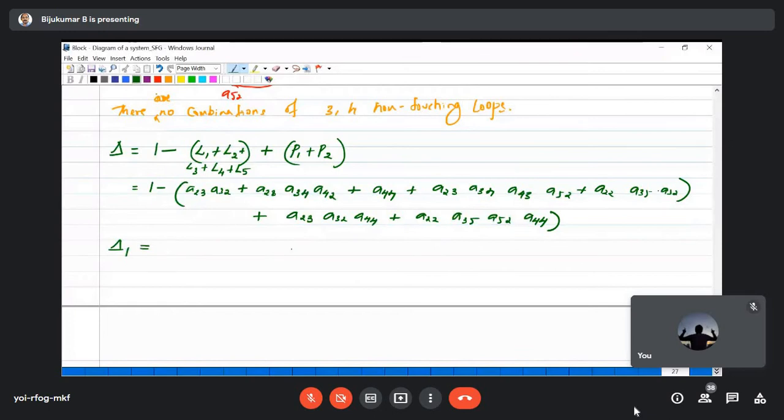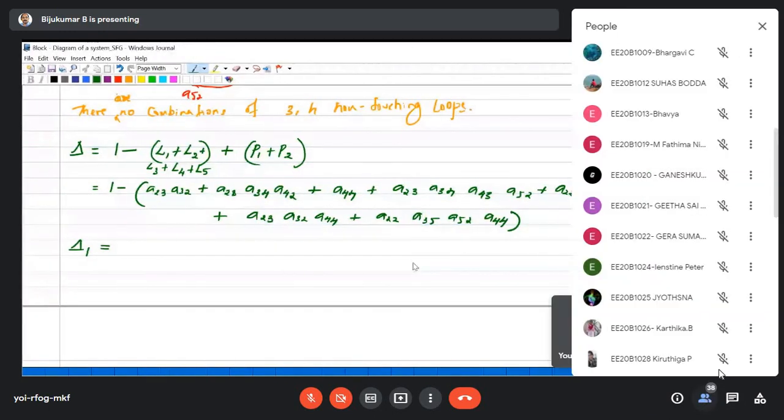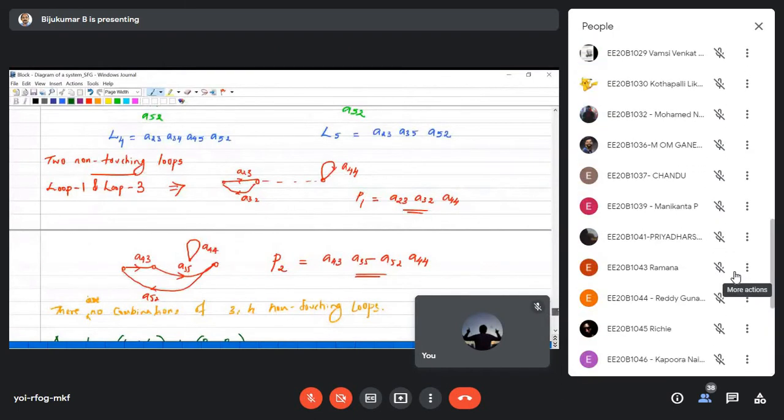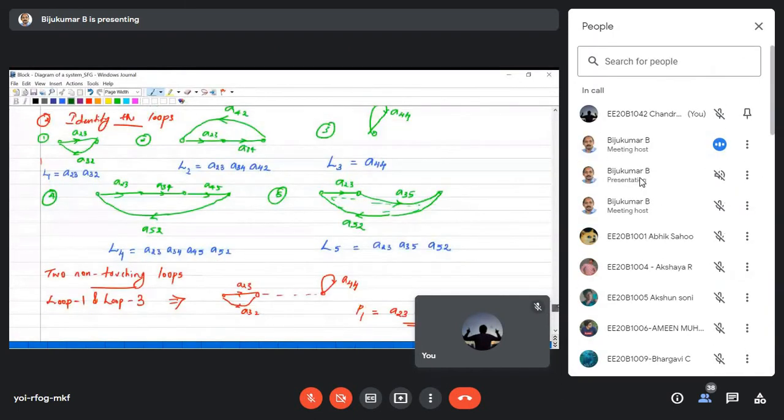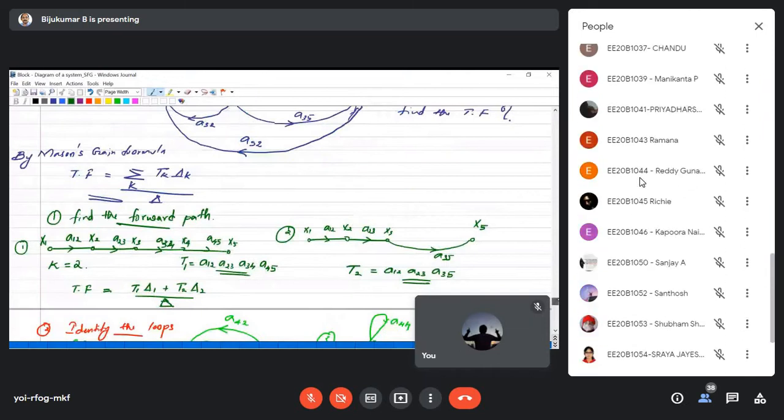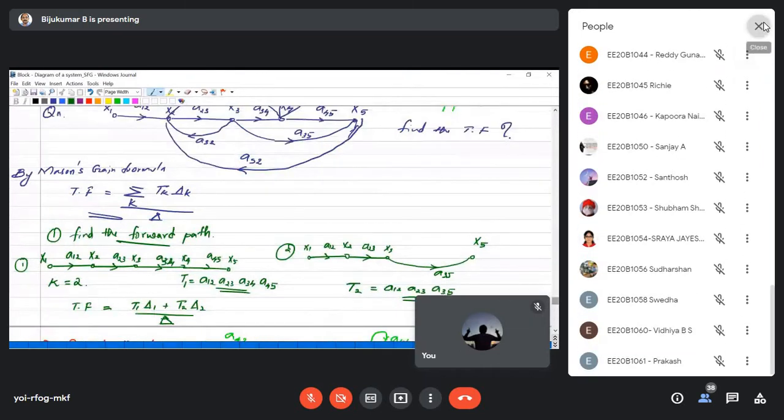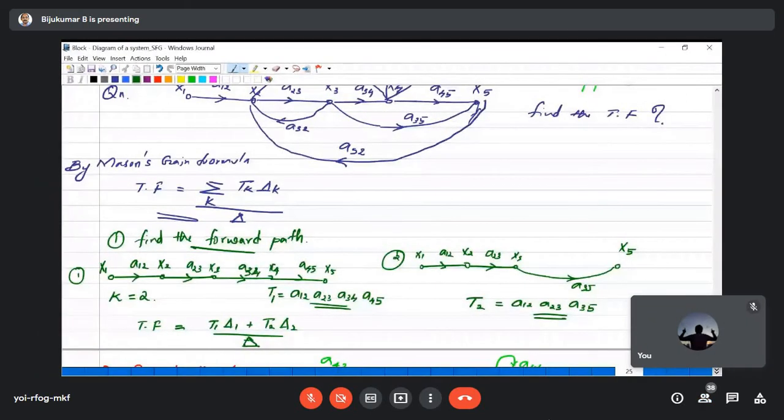So in order to find delta 1, what is Mason telling? We have to calculate the delta for the loops which are not touching the forward path, each forward path, right?